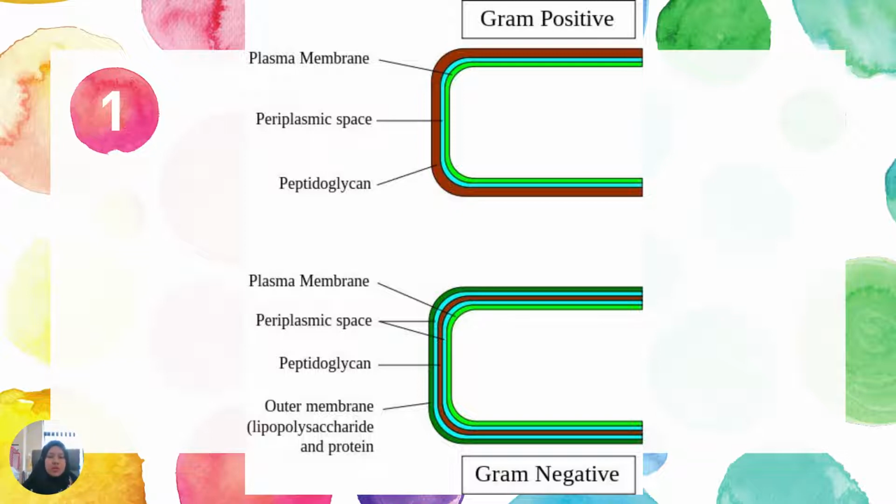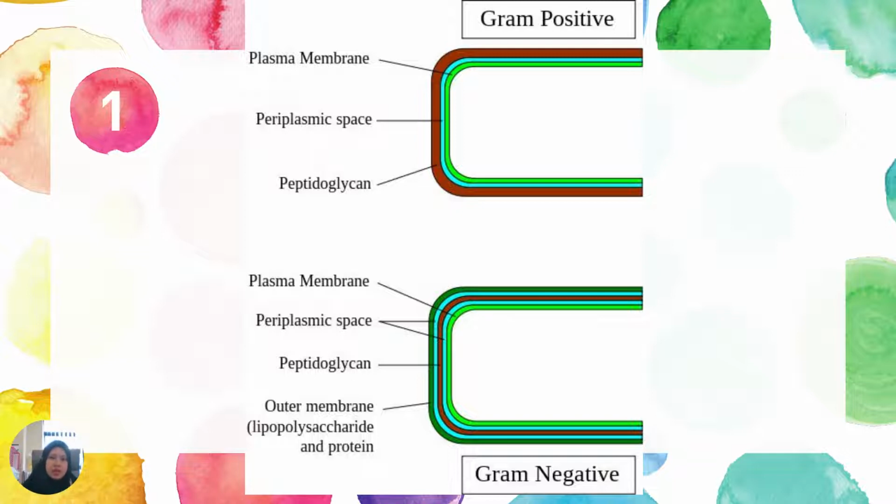The differences between the gram positive and the gram negative bacteria lie in two different structures. The first one is the peptidoglycan thickness, and the second one is the presence of the outer membrane.